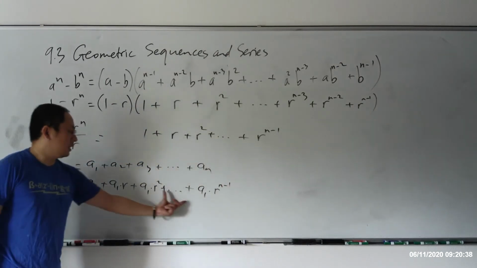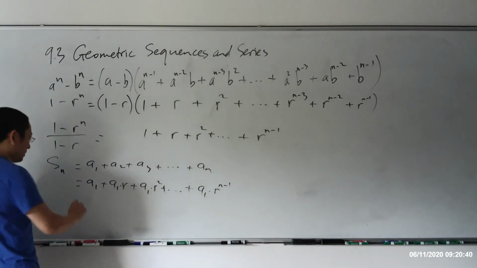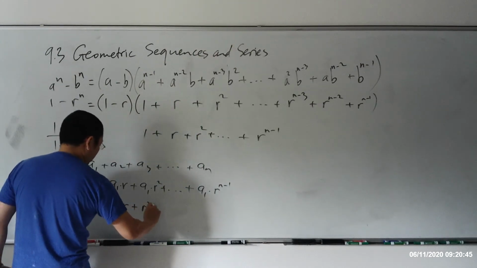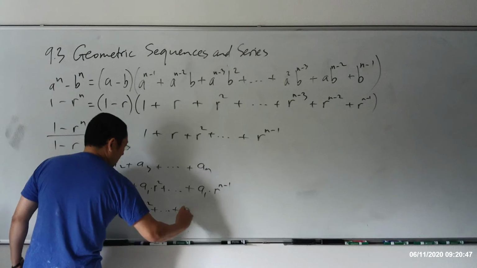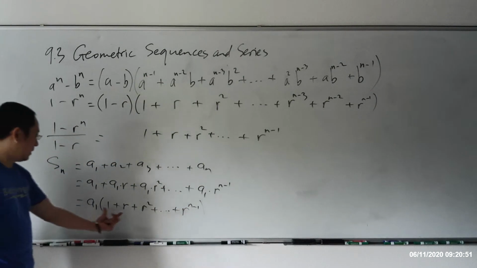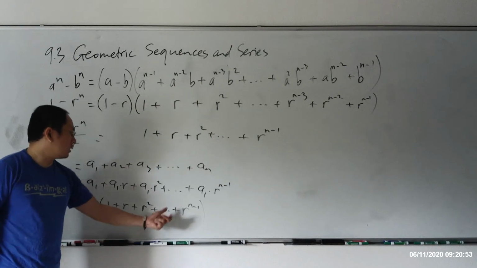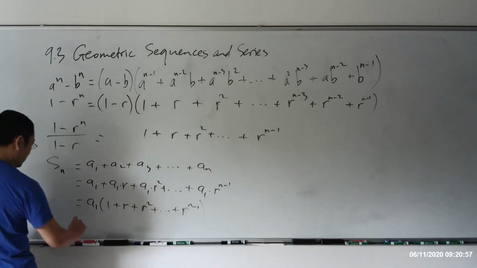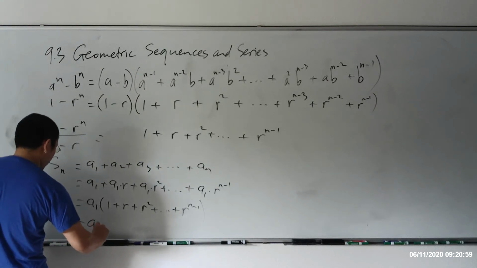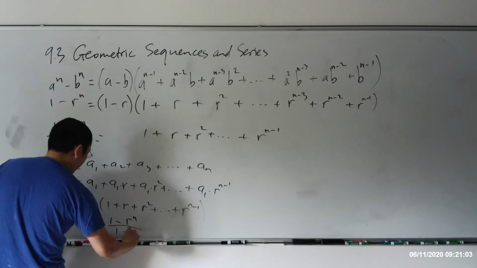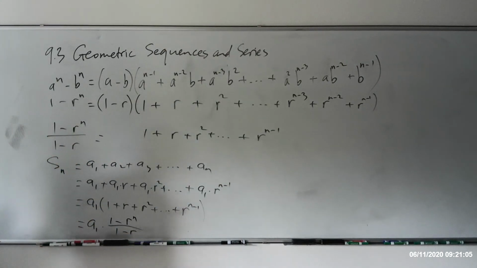Every single term in this partial sum has a1, so I'm going to factor a1 out, leaving 1 plus r plus r squared, all the way to r to the n minus 1. And this is really 1 minus r to the n over 1 minus r. So Sn is a1 times 1 minus r to the n over 1 minus r. And that explains where the partial sum formula comes from.